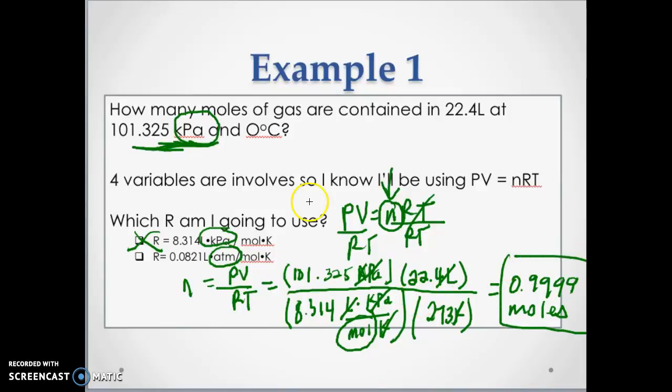In chemistry, I'm not going to explain it in detail, but what I just did here in this problem is I just proved something in chemistry.